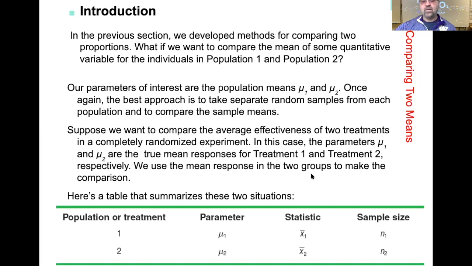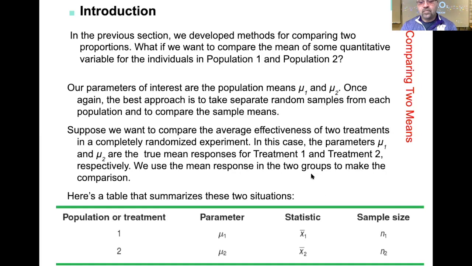You probably actually do it with proportions, but we could do it with means as well. And this is basically what we want to get to, is that population 1 is going to have a mean mu1, and we're not going to know that, or we're just going to be using our statistic to approximate that, because we want to estimate the difference, or we want to see if there's a significant difference, based on our sample statistics.